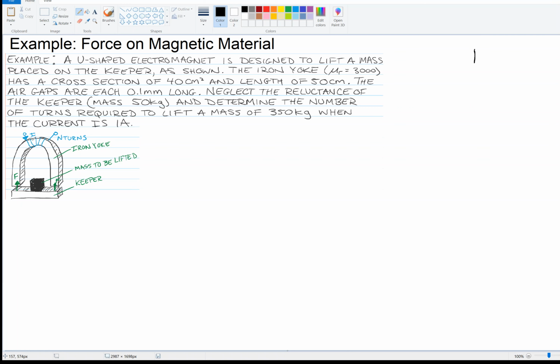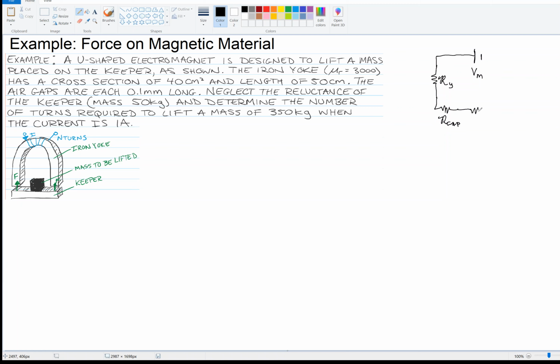So the N turns carrying current I create a magnetic potential Vm like this, and then we go this way. And really, I could put the reluctance of the yoke on either side of this potential, but I'm going to put it right here. So I'm going to do this with a script R subscript Y for yoke, and then we hit a gap. So I'm going to put the reluctance of the gap here.